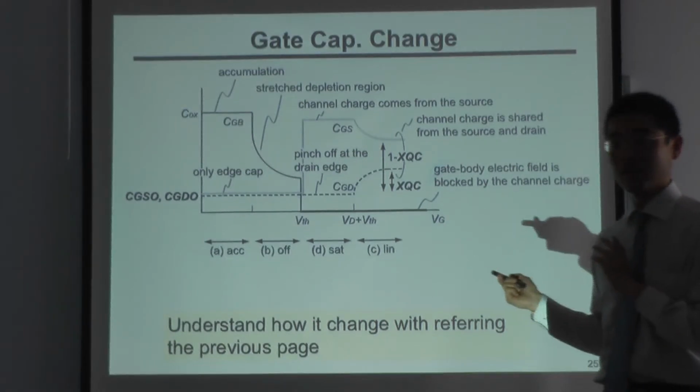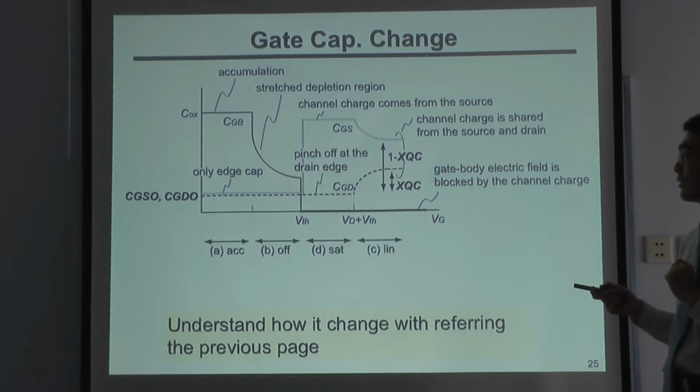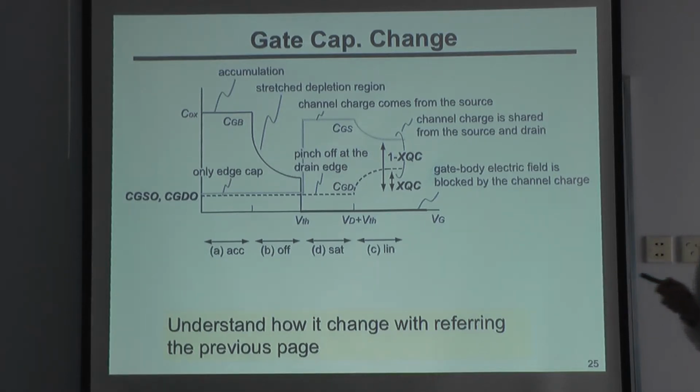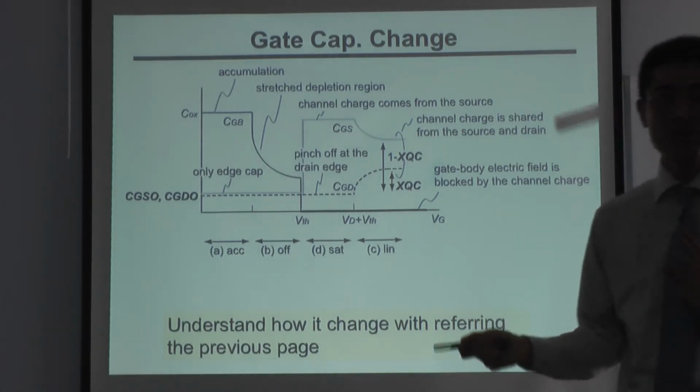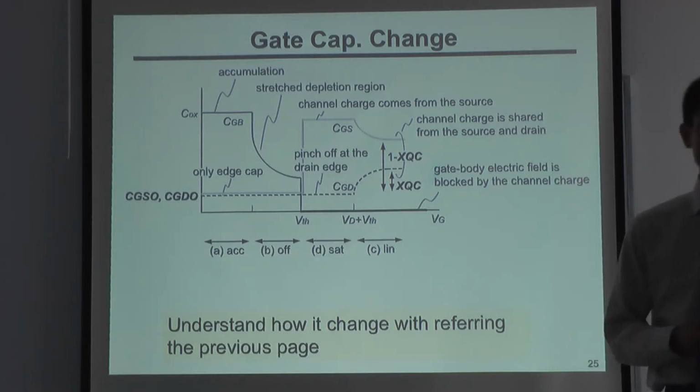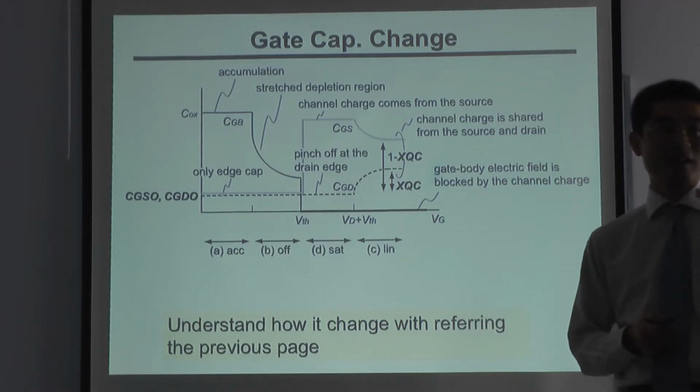Again, this is a summary of the gate capacitance. The gate capacitance value depends on the gate voltage. In accumulation we have COX, in the off state we have a depletion region, and in the saturation region we have channel charge. What I want to say here is that the gate capacitance depends on the gate voltage.